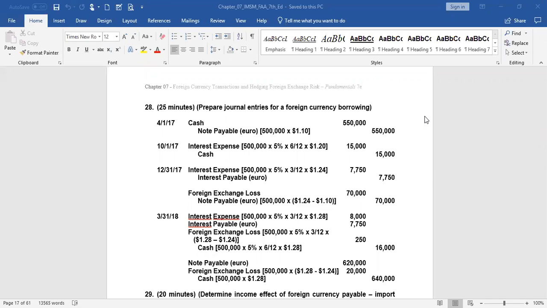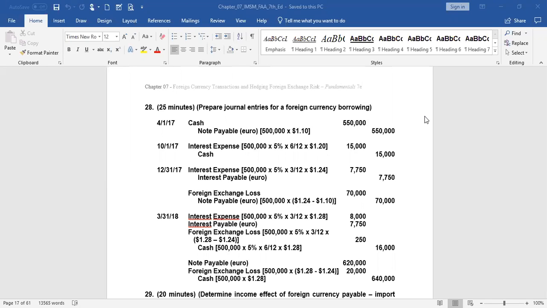The difference between the last fair value, if you want the conversion value of the note, and the actual amount we pay off, in this case, is a loss. Why? It represents the difference between the exchange rates at December 31st to March 31st. So it increased 4 cents times 500,000 euros. So that's a foreign exchange loss.